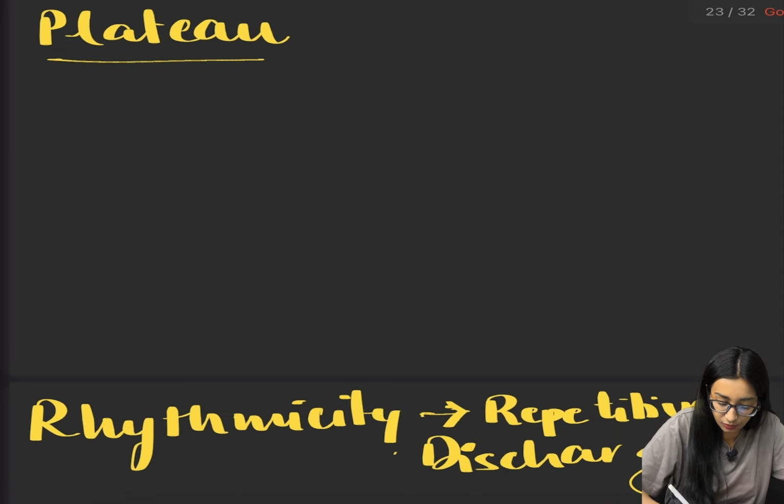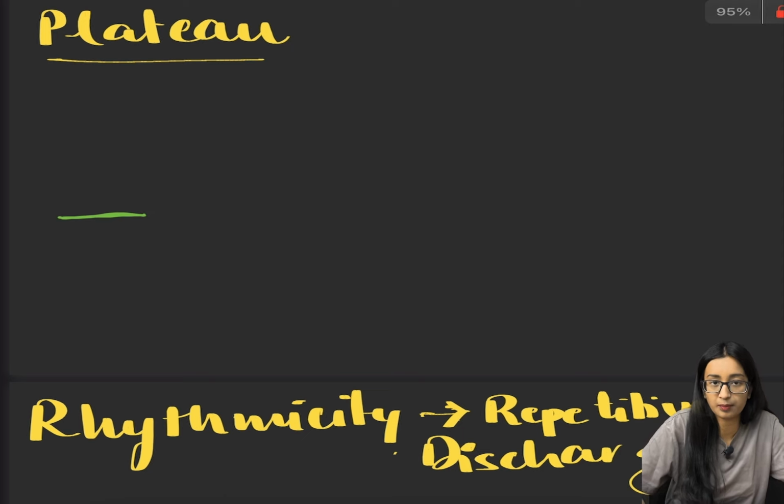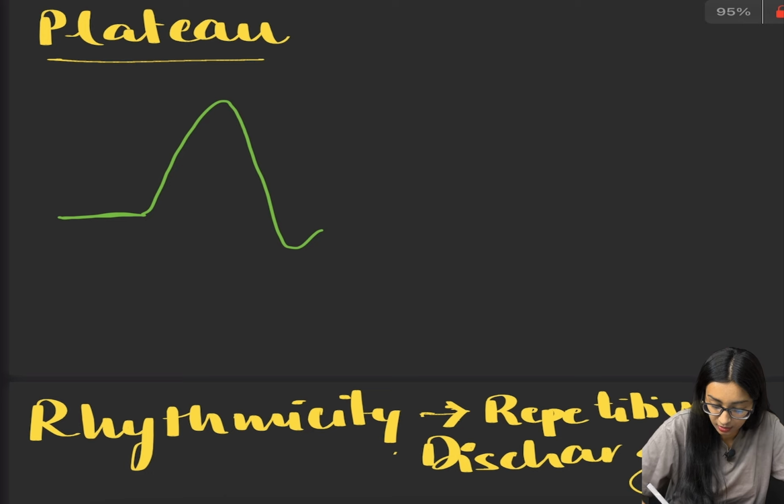For example, over here we have one action potential, that is the resting membrane state, the first stage. Then the action potential should go like this. But instead of this, there will be a slight plateau. That means a pause. And then it will go like this.